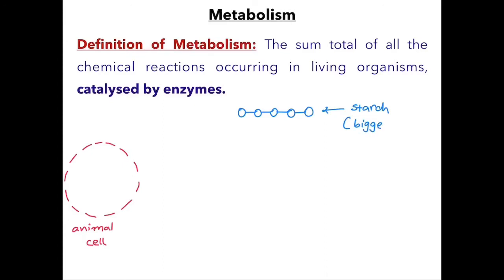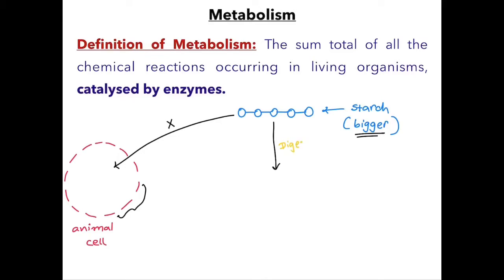Now if you consume this starch, then this starch is not going to be absorbed by your cell. Now you will say why? So the answer is because of the semi-permeable cell membrane of our animal cell. It will prevent the entry of your bigger or larger molecules. That's the reason inside our body we are having the digestive tract, which is going to perform the digestion.